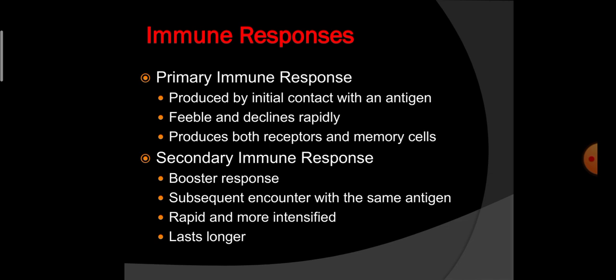The first time the body encounters that particular antigen, the response will be fast, and it will decline fast. The process will be faster, and it produces both receptors and memory cells.